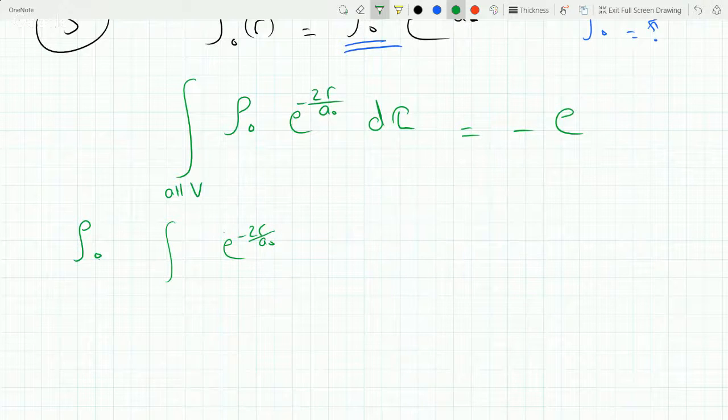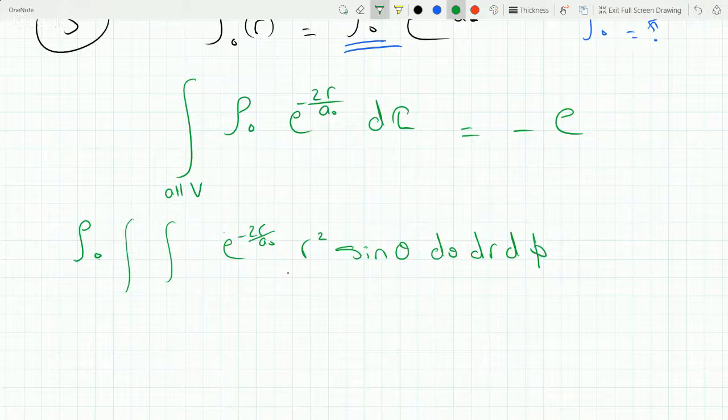We're going to do this in spherical coordinates, so d tau is r squared sine theta dr d theta d phi.